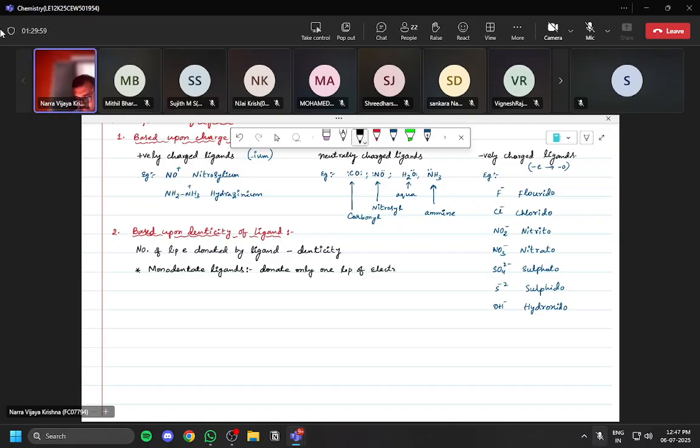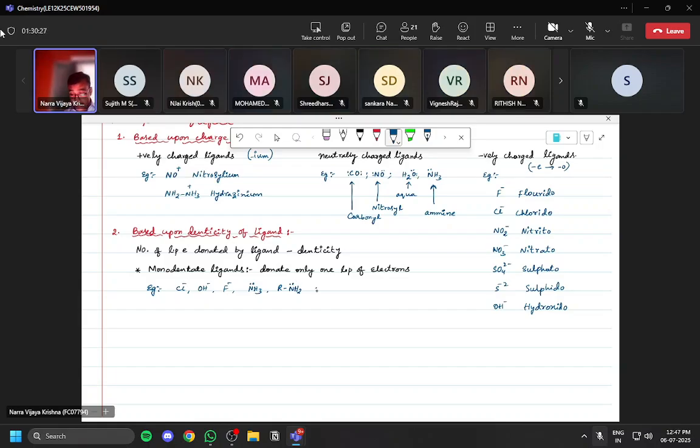Examples: Cl minus, OH minus, F minus, NH3 ammonia. Nitrogen also donates only one lone pair. Amines or NH2 are monodentate, right? Any other?